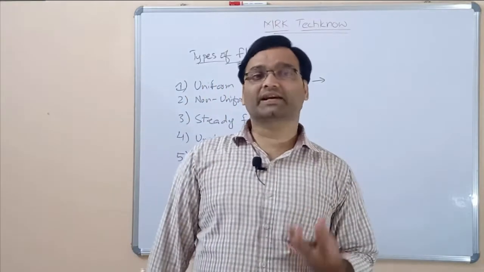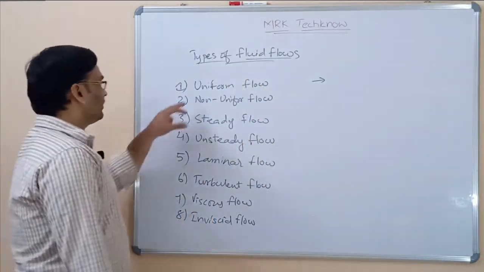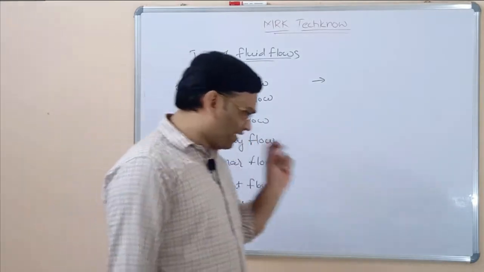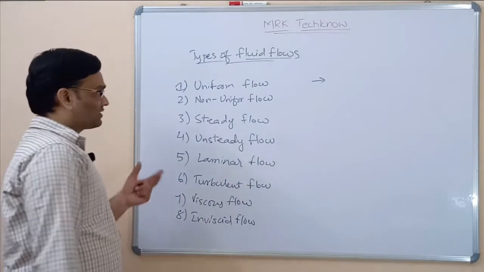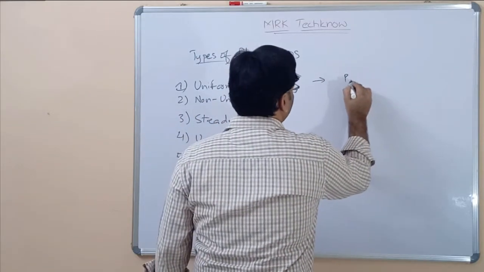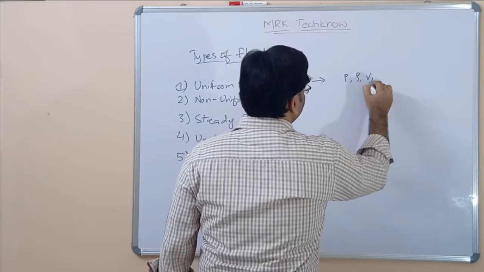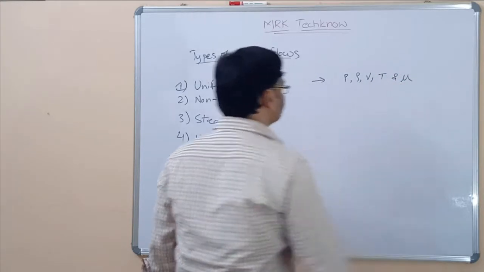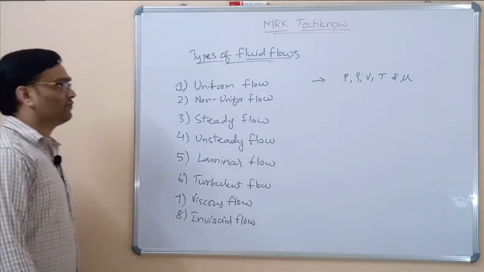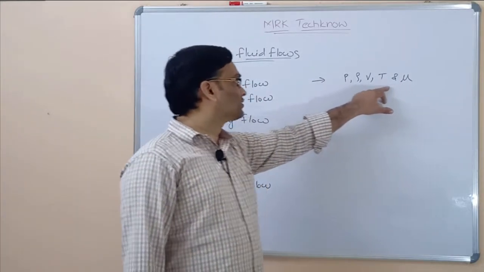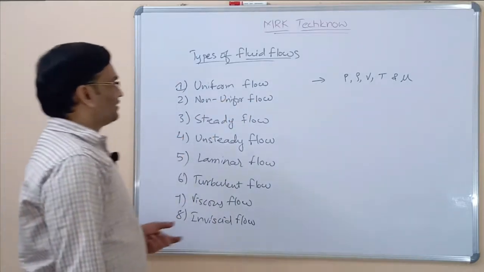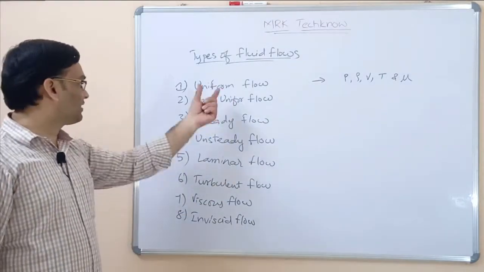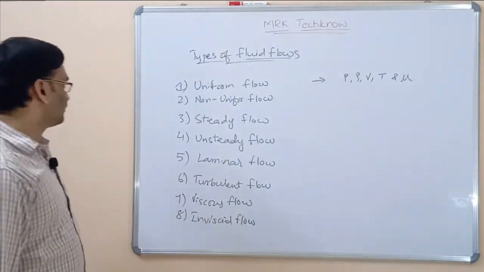So uniform flow in the sense the fluid flow properties, especially there are five major fluid properties that we have discussed just now: pressure, density, velocity, temperature, and viscosity. These are the majorly five fluid flow properties. Every fluid flow property will definitely depend upon one of the six categories of these fluid flows.